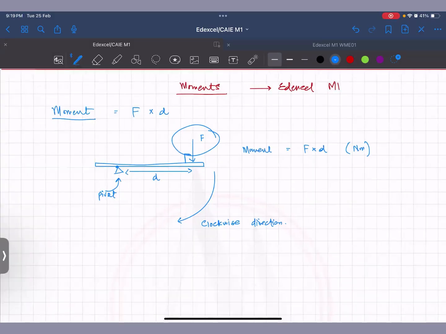You have to analyze which force would turn the system into clockwise direction or anti-clockwise direction.